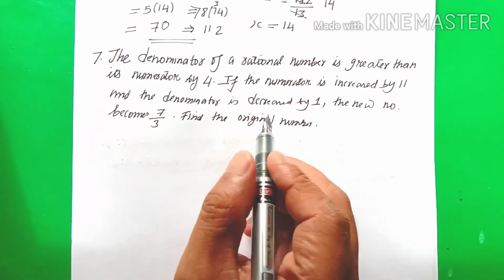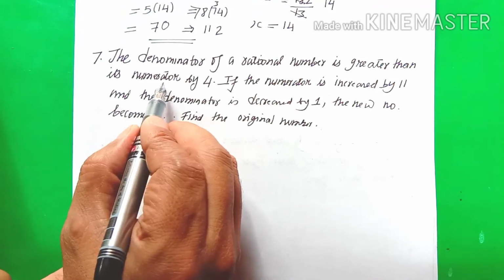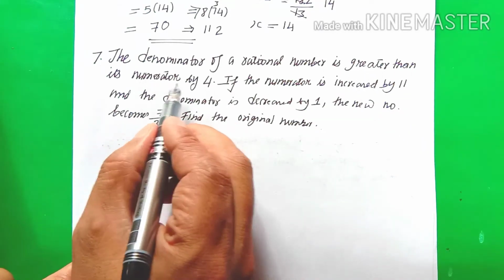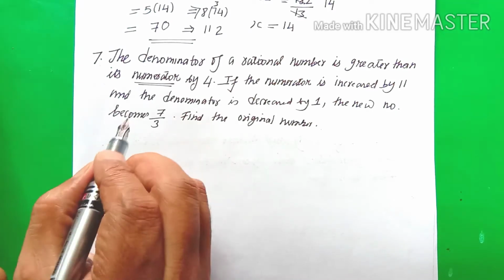According to this statement, the unknown parameter is our numerator, because the denominator is bigger than the numerator by 4. That means the unknown parameter is our numerator value.